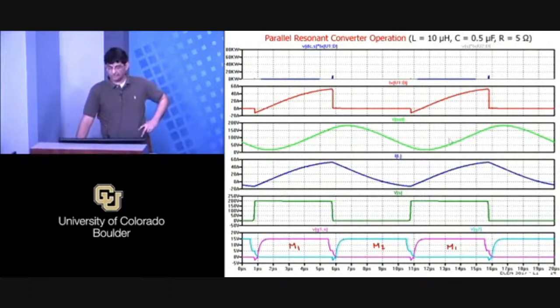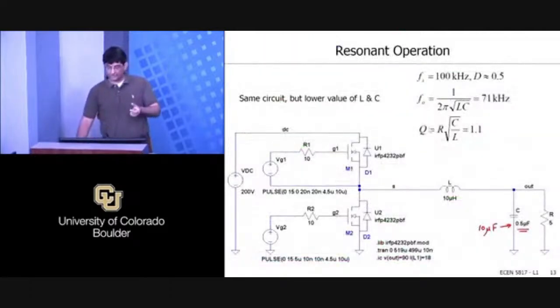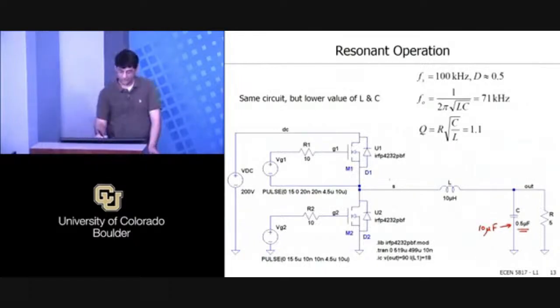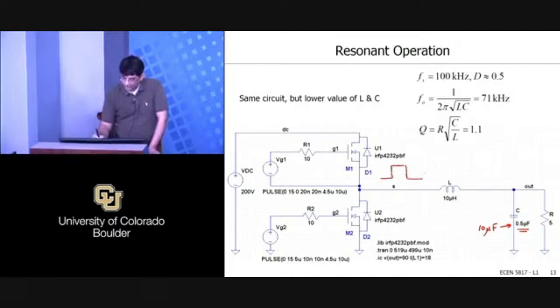And you can kind of expect that. You're putting a square wave into an LC tank, and the LC tank now has a resonance frequency very close to your switching frequency, right? So essentially what I was putting in here was a 50% duty ratio square wave of frequency 100 kilohertz, right?